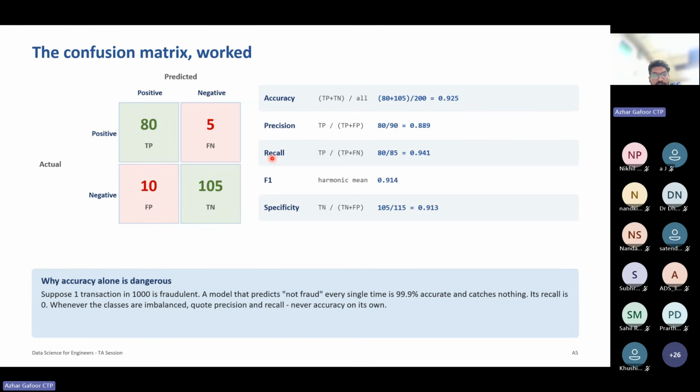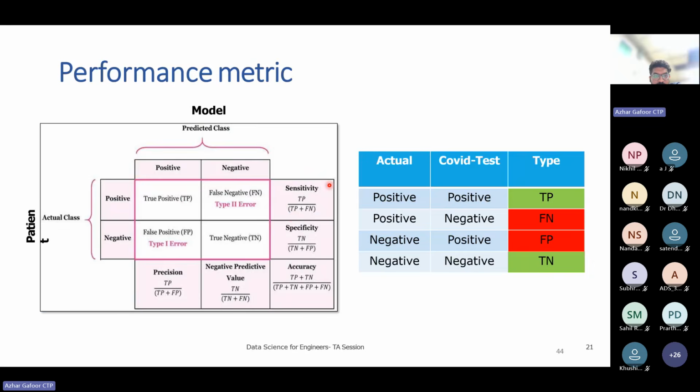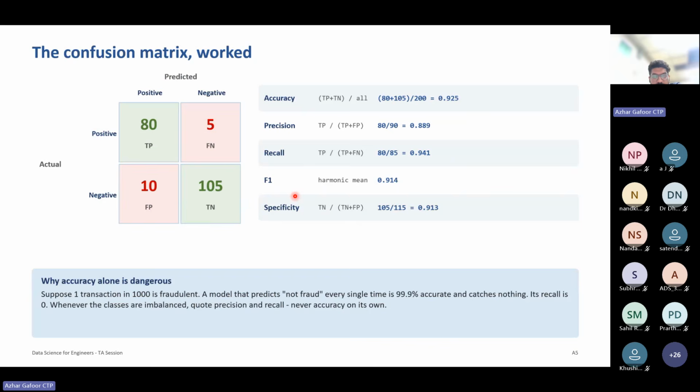Then we have the recall. Recall is nothing but sensitivity, otherwise called recall. It is given by true positive divided by true positive plus false negative, that is 80 by 85. It's 0.941. We have the F1 score, which is the harmonic mean, and the specificity is given by 0.913.